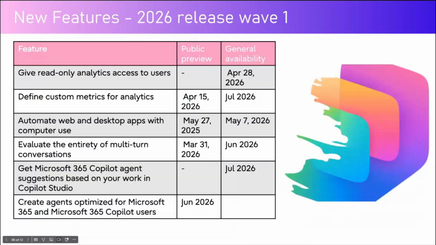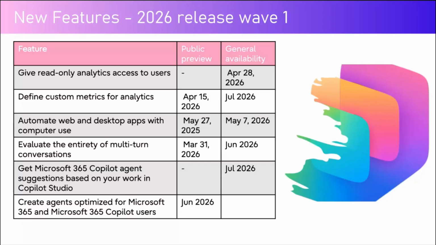The next on the list is automating web and desktop apps with computer use. That was available for preview last year, but it is now available generally from May 7th. So you can go and use it. I'm going to show this one a bit later.